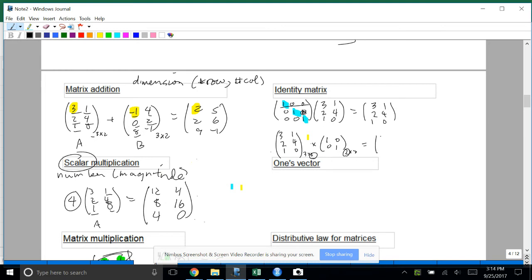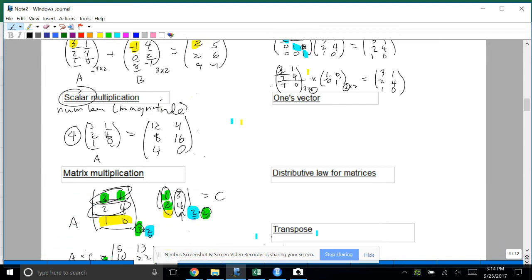And what we're going to get is 3 times 1, and 1 times 0, 2 times 1, 4 times 0, and it goes down like that. And then first row, second column, 3 times 0, 1 times 1, 2 times 0, 4 times 1, and then we get the matrix. It's the identity matrix.